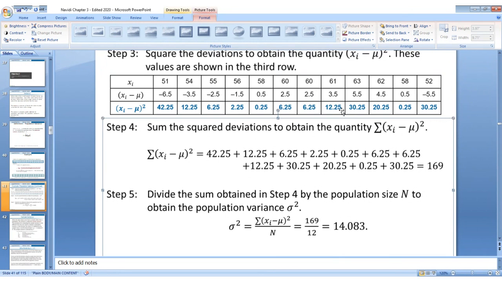Then we got the 3.5 squared is another 12.25. Here's a new one altogether. The 5.5 is 30.25, and so forth. Here we got this one and that one are the same when we square them, whether they're negative or positive. And the reason why we're doing this is because the step to take in the standard deviation involves a square number underneath there.